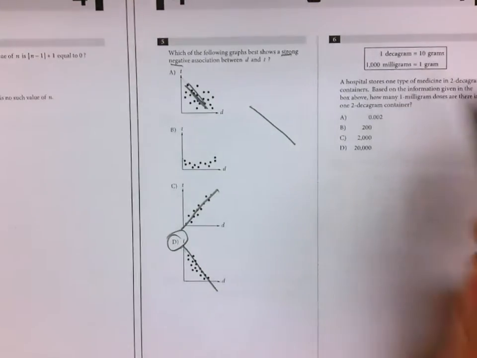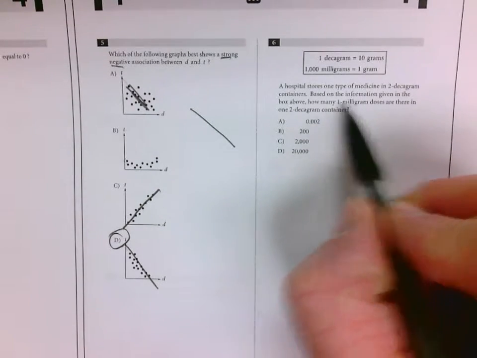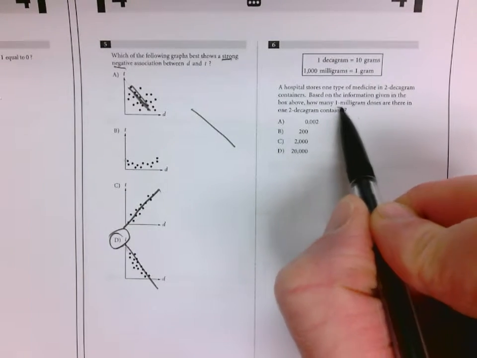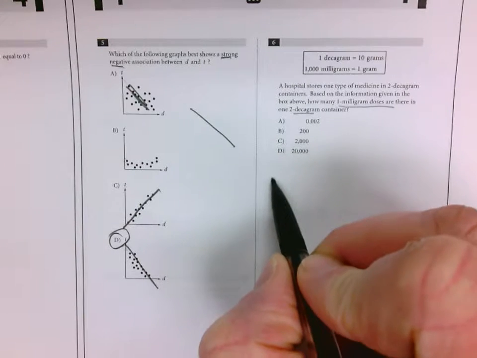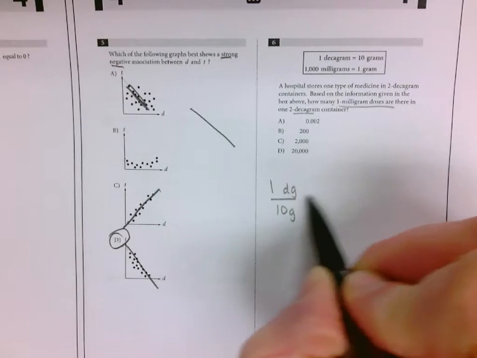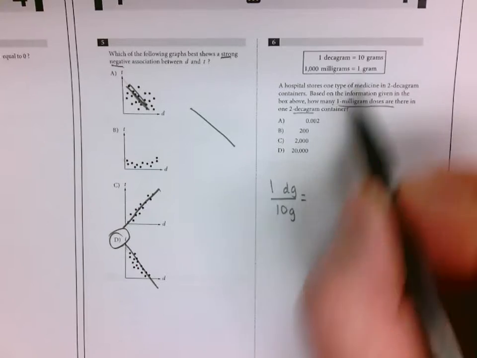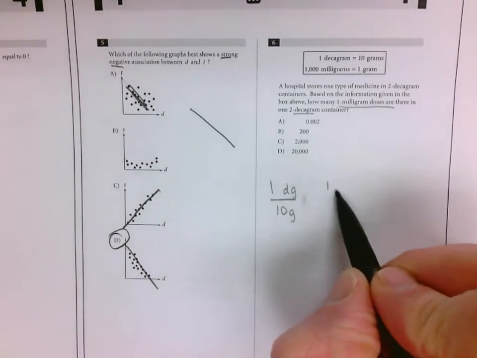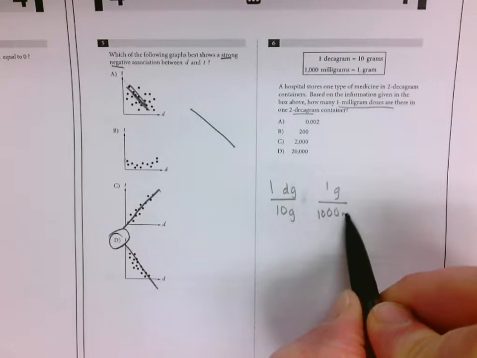Now we have a little unit conversion here, and we're converting from different units into others. So based on the information, how many 1 milligram doses are there in one 2 decagram container? So 1 decagram is 10 grams, and 1 gram is 1,000 milligrams.